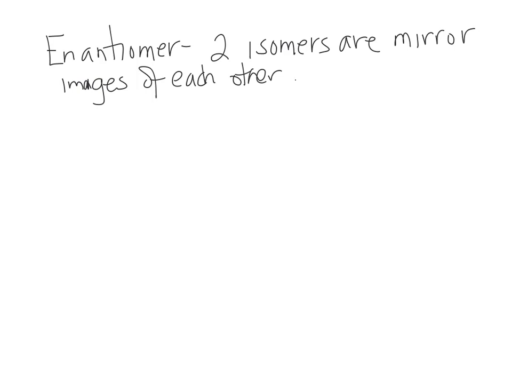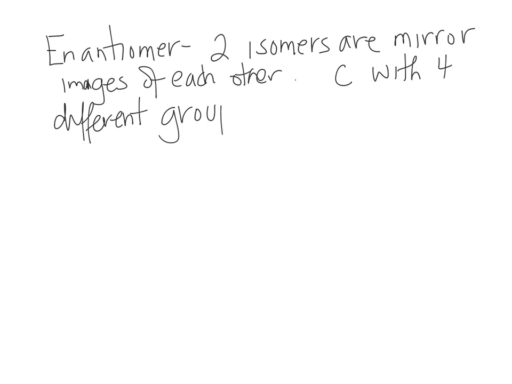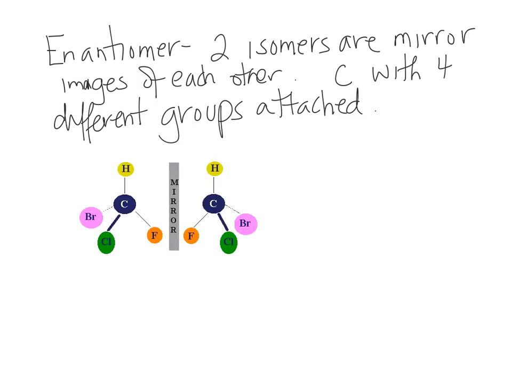So you have a carbon, you have to have a carbon with 4 different groups attached, or 4 different atoms attached. So no matter how you try, you cannot superimpose these 2 images. So that's an enantiomer.